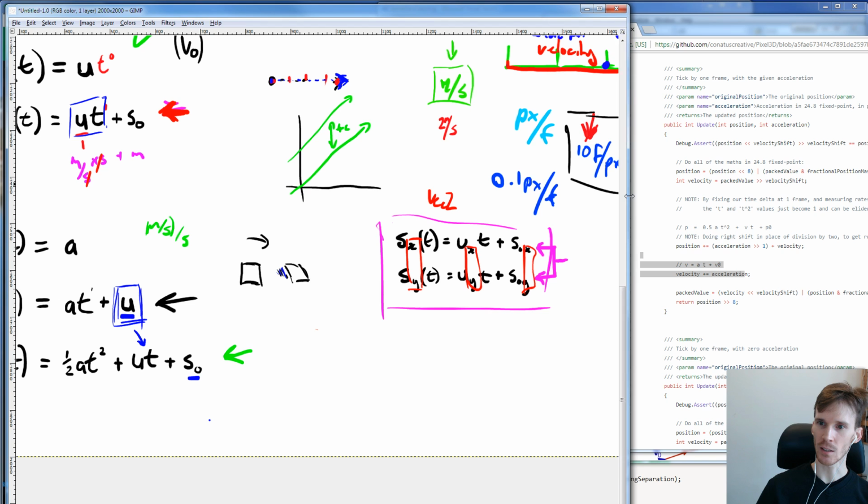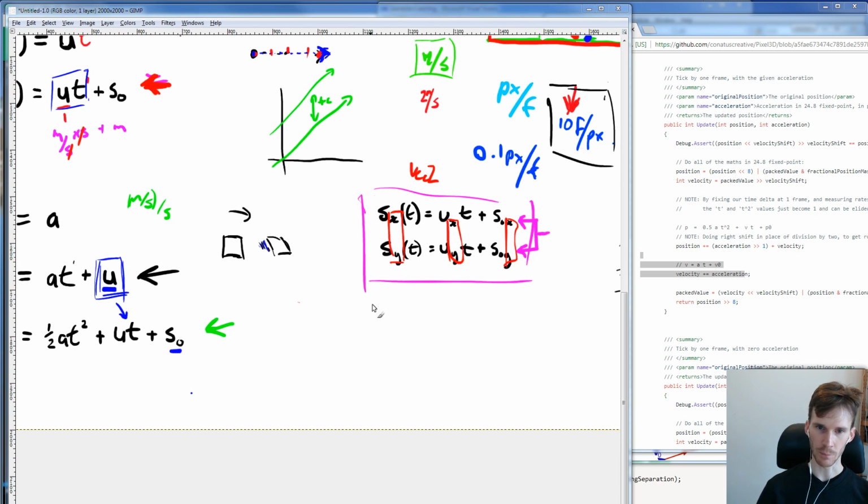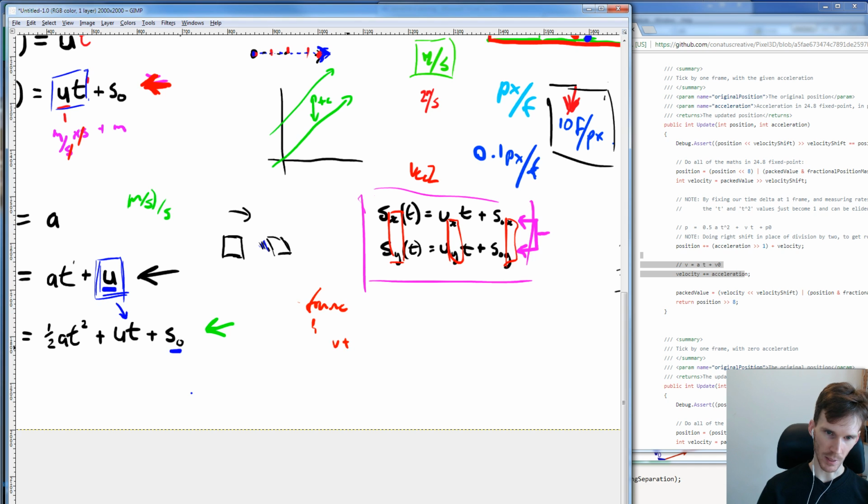So you can imagine that the naive way of doing this would be, every frame, velocity plus equals acceleration times time, and then position plus equals velocity times time.